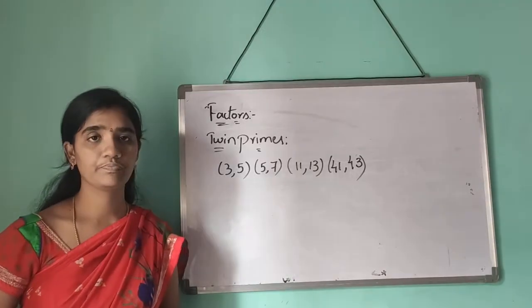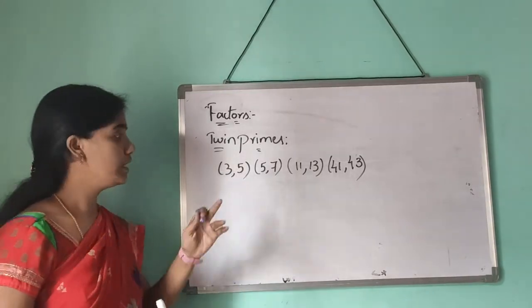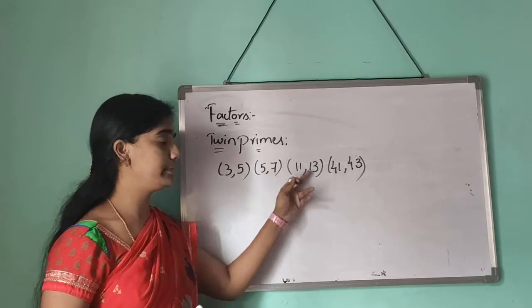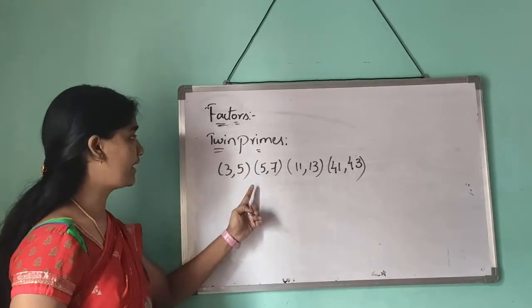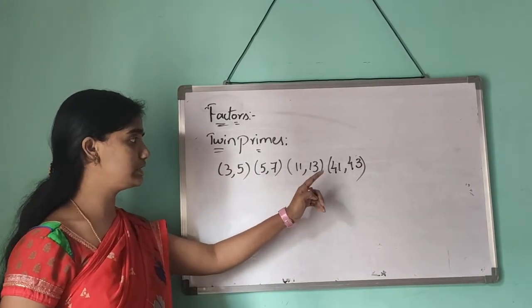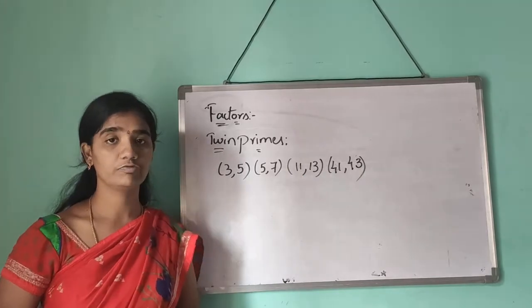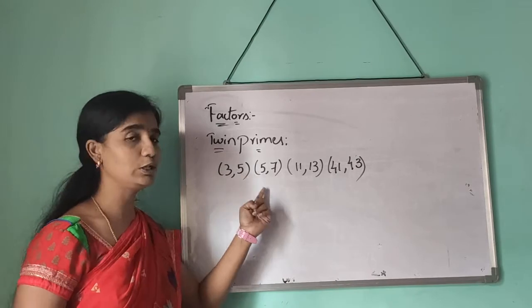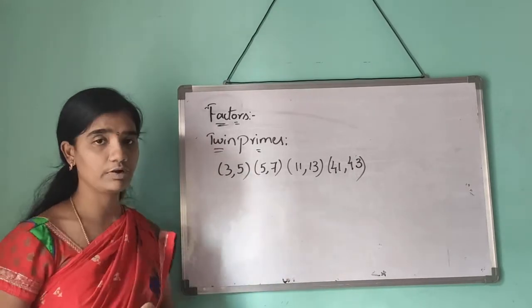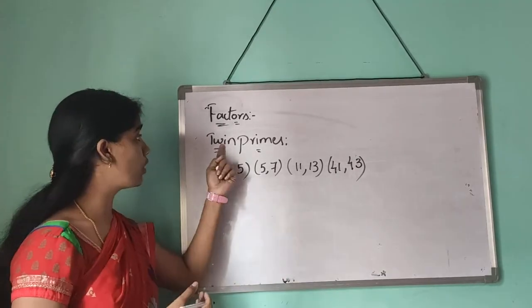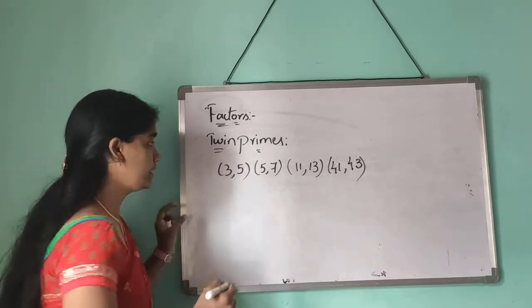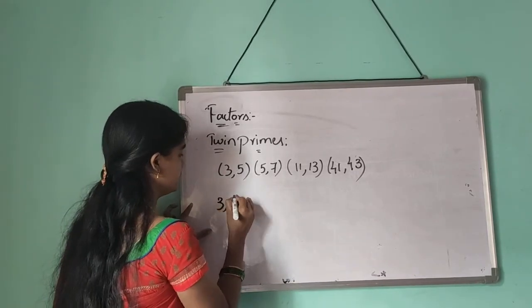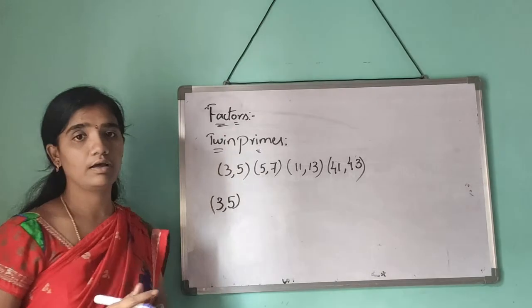Twin primes. What are twin primes? Here we have some prime numbers: 3, 5, 7, 11, 13, 41, 43. The prime numbers that differ by 2 are called twin primes. For example, take the first one, 3 and 5.